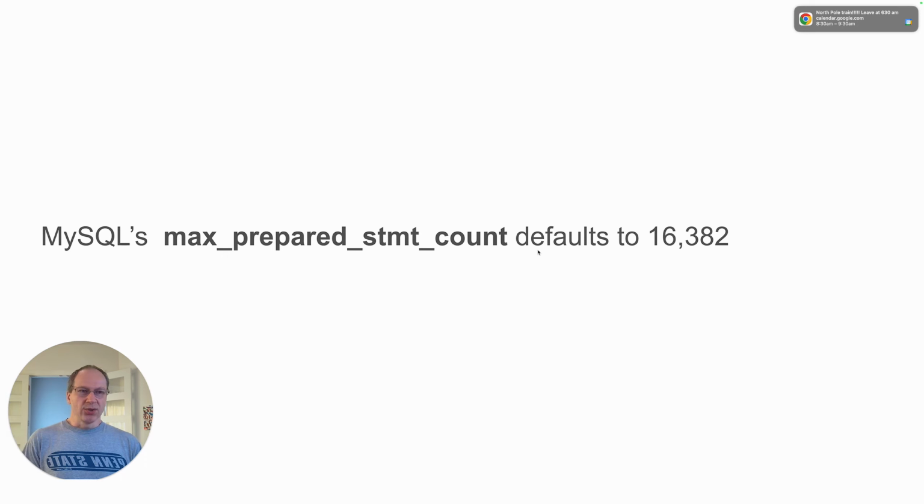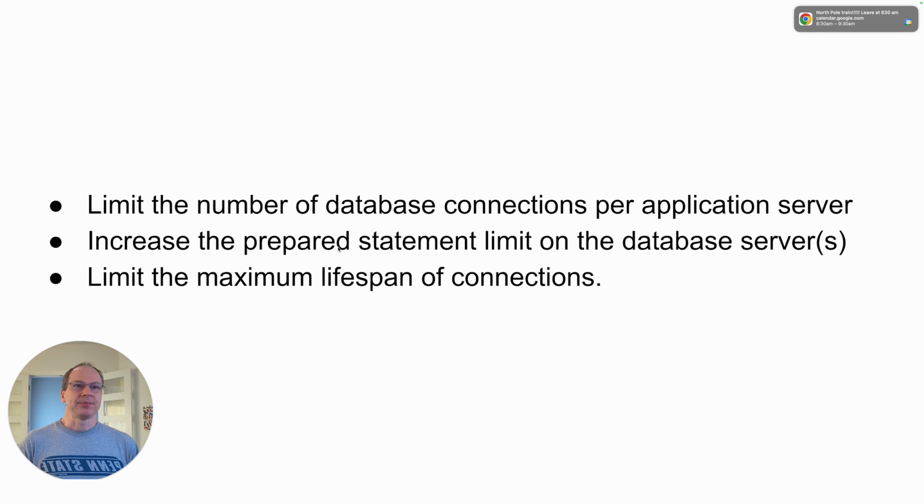Here are some ways to help mitigate the situation with prepared statements. One thing is we can limit the number of connections per application server. In the previous example, I said 100 connections per server, and that is actually fairly large.